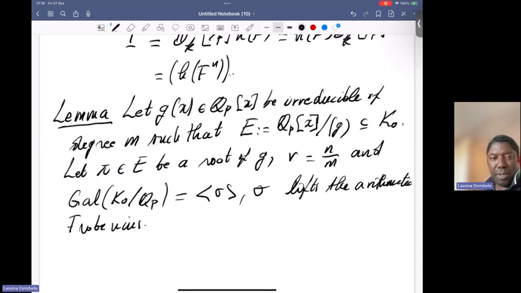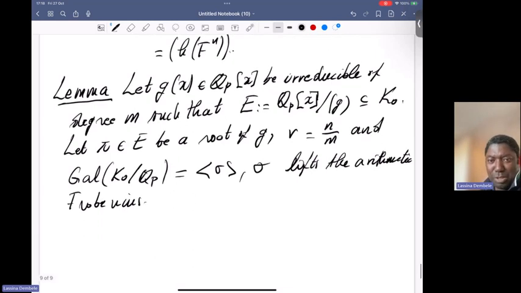Okay. So under this condition, the lemma says the following. Then, so there's still one more thing to say. Let delta be this quotient.